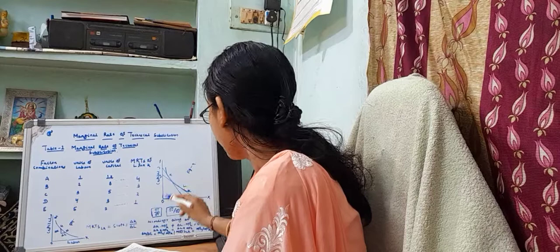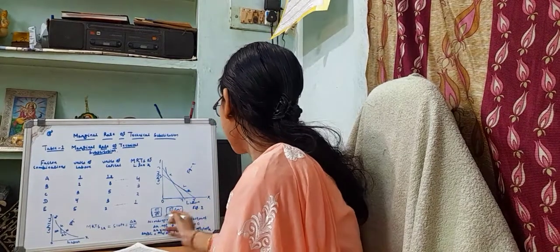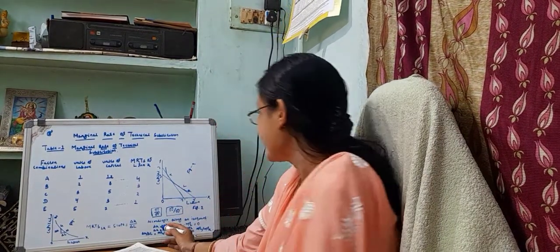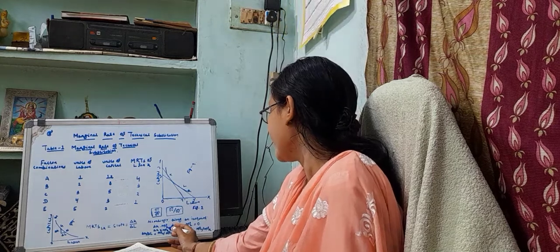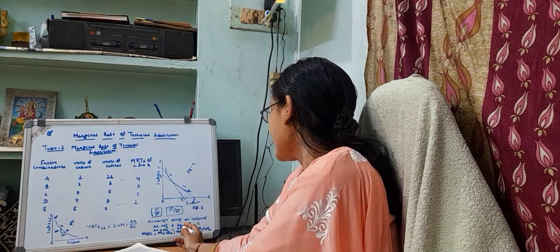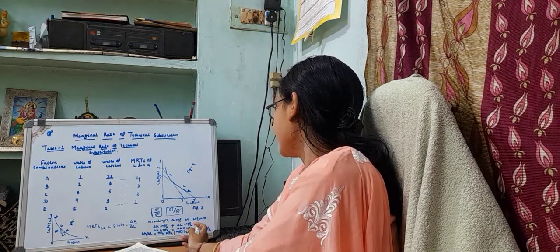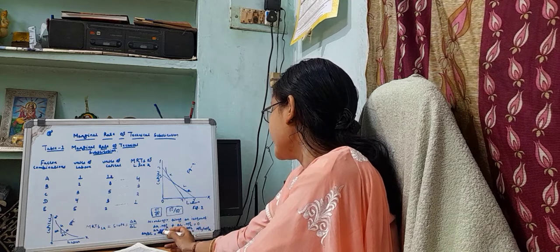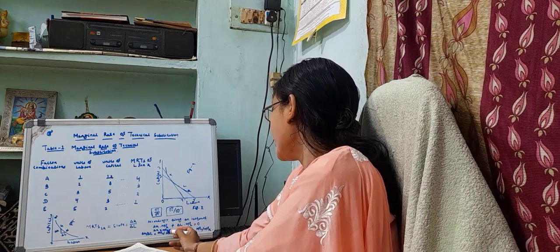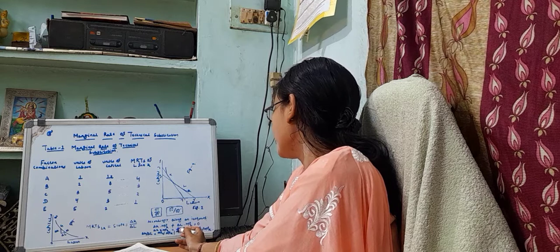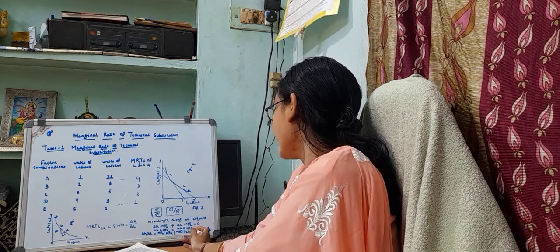Accordingly, along the isoquant, delta K into MPK plus delta L into MPL equals 0. Delta K into MPK equals delta L into MPL.